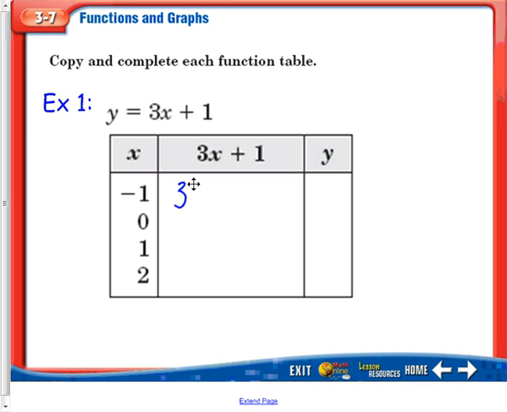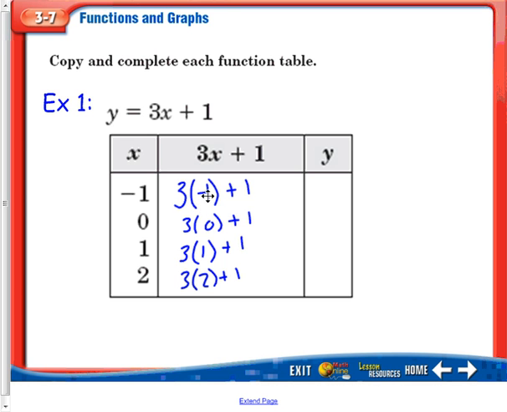So we're going to do 3 times -1 plus 1, and we're going to do 3 times 0 plus 1, and we're going to do 3 times 1 plus 1, and then 3 times 2 plus 1. As you can see here, we're putting in different values, and we're going to see what happens when we put in different values for x.